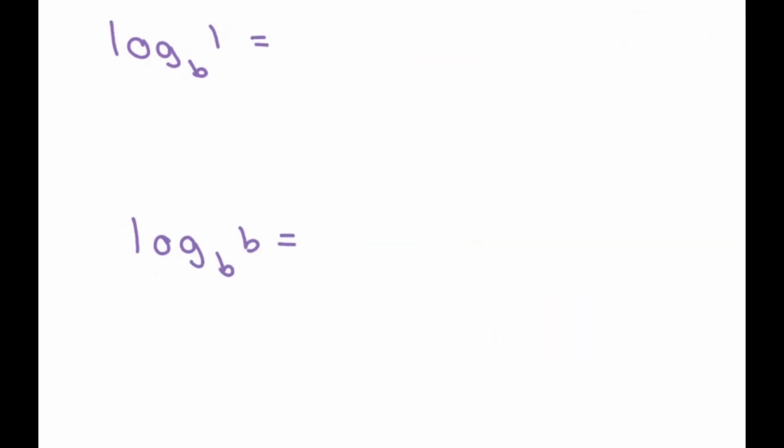Next, this one is more of evaluation. So I'm going to go ahead and write that we're looking for our p, our power. If I see something like that, I put it equal to the power. So b to a certain power equals 1. And like I said before, that means that p equals 0, because anything to the 0 power equals 1.